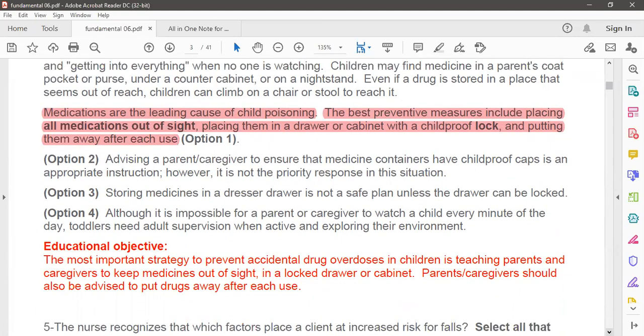The most important strategy to prevent accidental drug overdose in children is teaching the parents and caregivers to keep medicine out of sight and in a locked drawer or cabinet. Parents or caregivers should also be advised to put the drugs away after each use. Important for the NCLEX board.